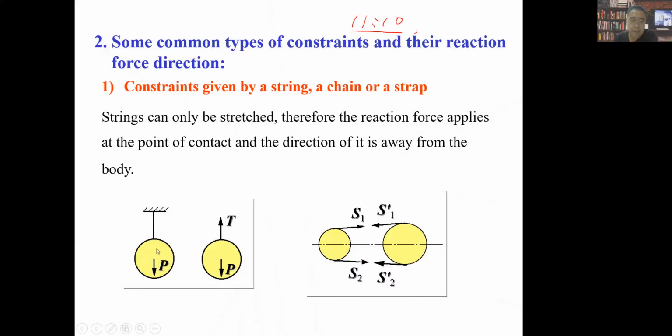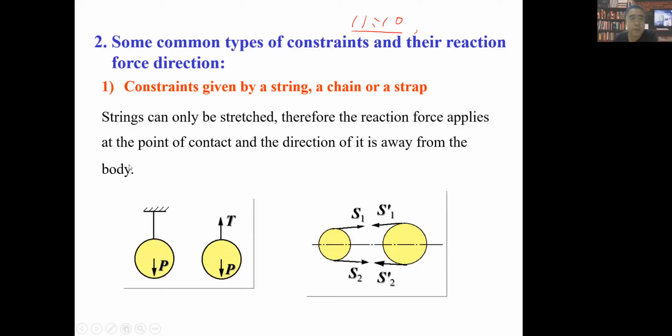Because gravitational force is the active force, it comes from the Earth, which attracts this ball. It tries to move along this direction, but because of this rope, it cannot happen. This direction of movement is restricted.